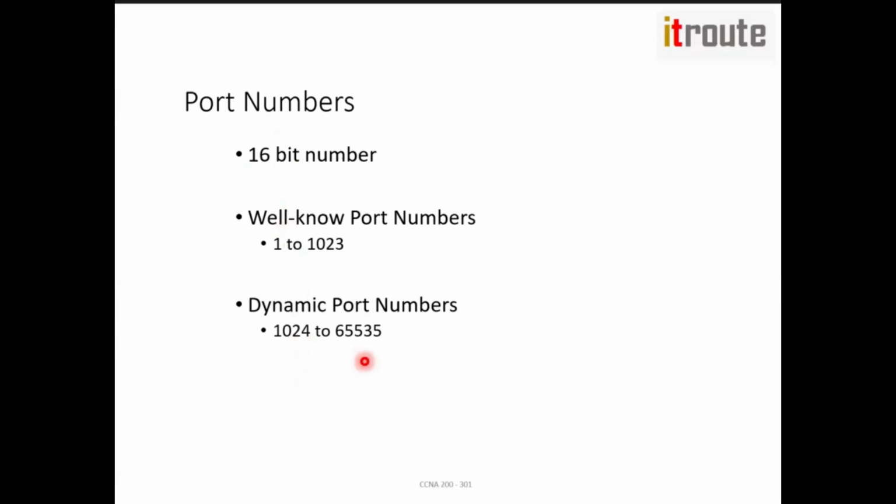Well-known port numbers mean some of the well-known applications have a fixed port number. And dynamic port numbers are kind of random numbers. Anyone can have these, like from your PC, you will get a random dynamic port number.